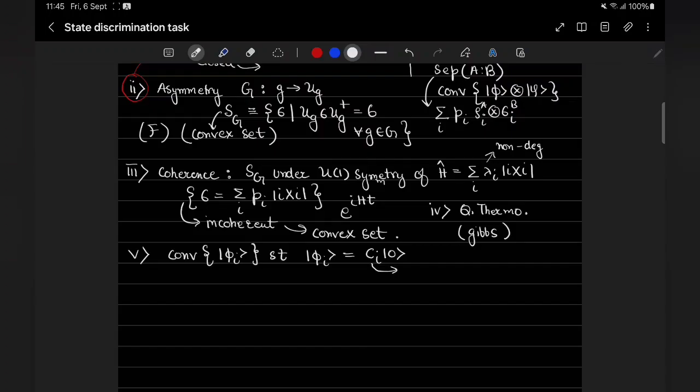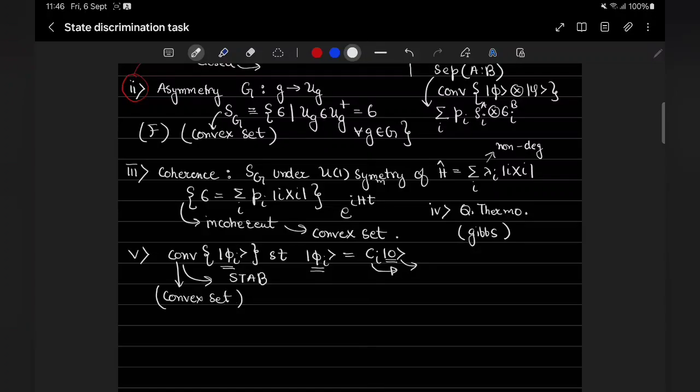Clifford groups are sets of quantum circuits which can be classically efficiently simulated. For example, the Hadamard gate and the CNOT gate form the Clifford group, and a Clifford gate acting on the zero state, the ground state, gives a stabilizer state. The convex hull of these stabilizer states forms the stabilizer set STAB, and any state outside this is said to possess magic. Because I have a convex hull, this is also a convex set.